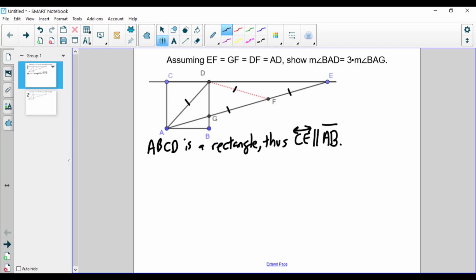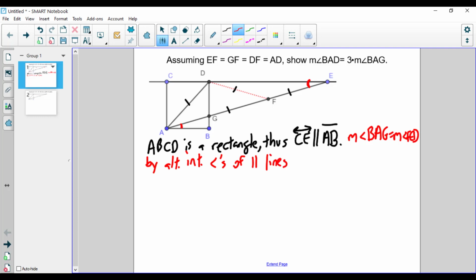Then what we know, I'm going to mark it here, is that BAG is congruent to FED. So the measure of angle BAG is equal to the measure of angle FED by alternate interior angles of parallel lines.